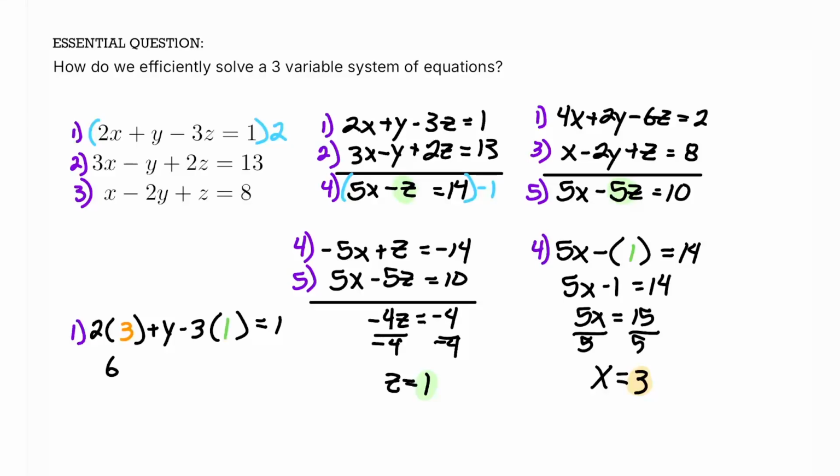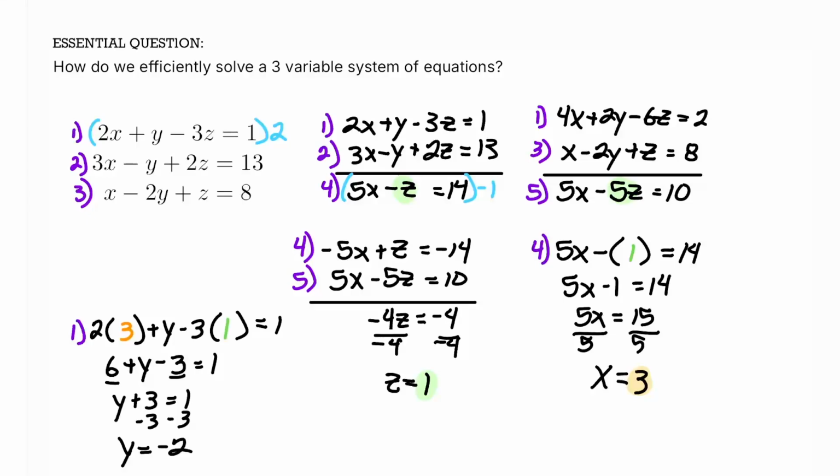So that's going to give me 6 plus y minus 3 equals 1. We can combine these terms here. So that's going to become y plus 3 equals 1. So then I subtract my 3. y equals negative 2.